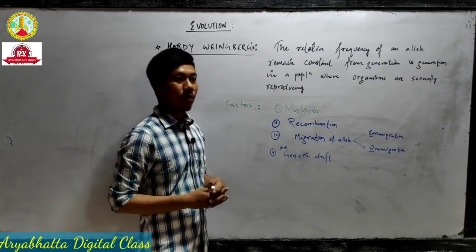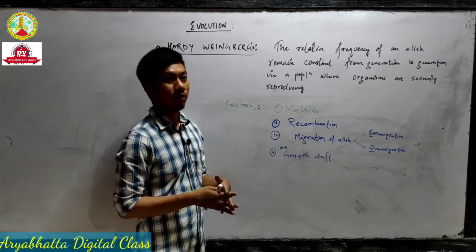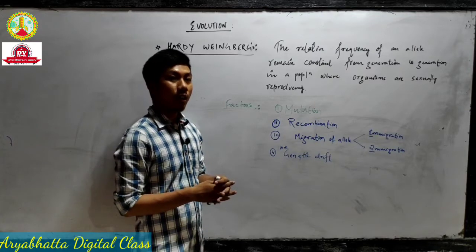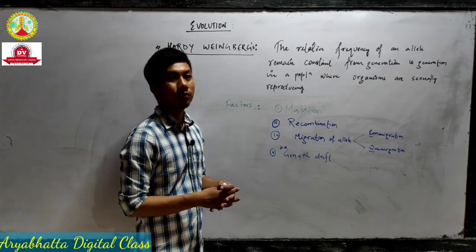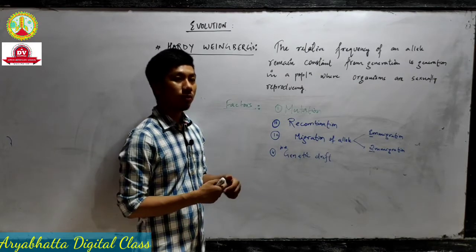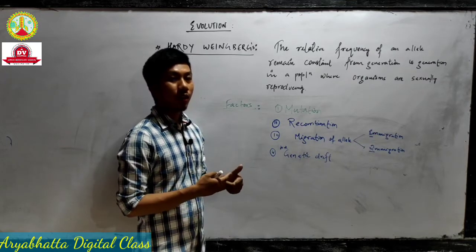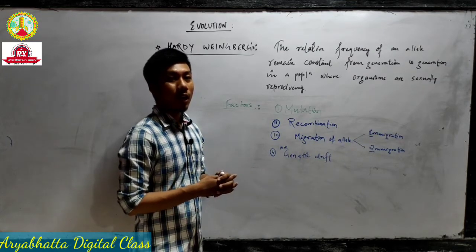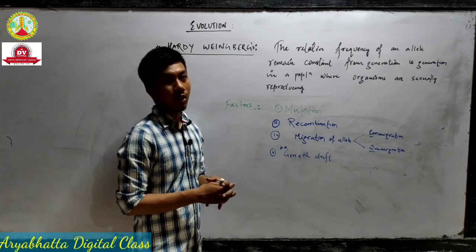If by chance there is a sudden change in an allele of a population, then it results in genetic drift. Got it?